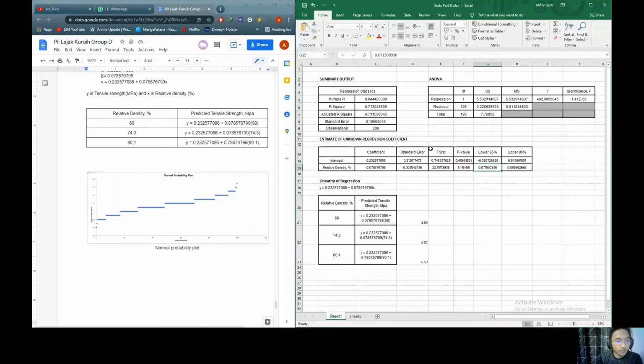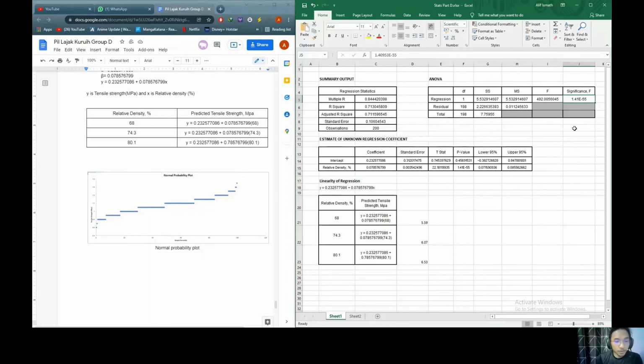We will reject H0 if the value of significance F is less than alpha. In this table, the alpha is 0.05. We can see the significance F is 1.41 E negative 55.